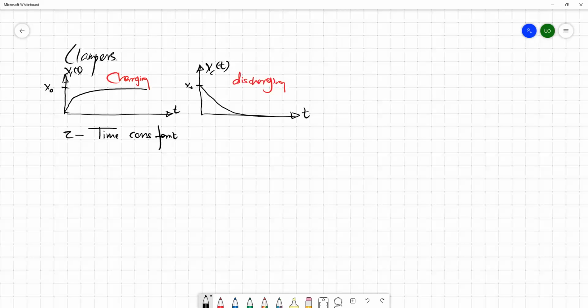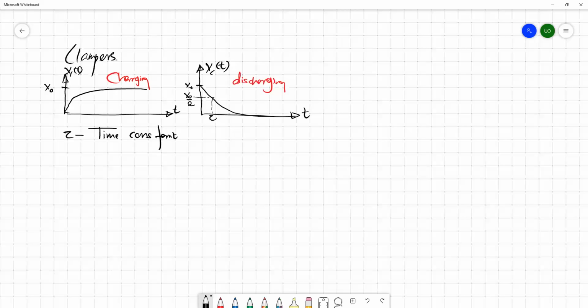Mathematically, it is the time required for the capacitor to drop its initial voltage by a factor of e, so V naught by e. So this is the time for the capacitor to discharge.